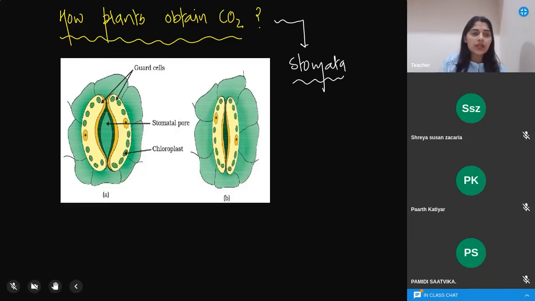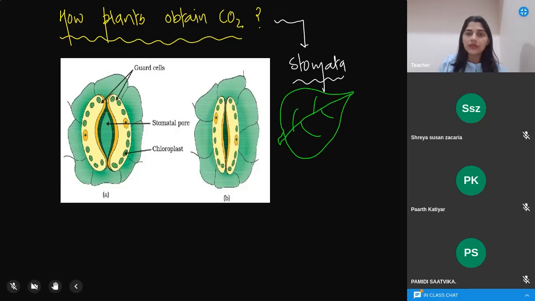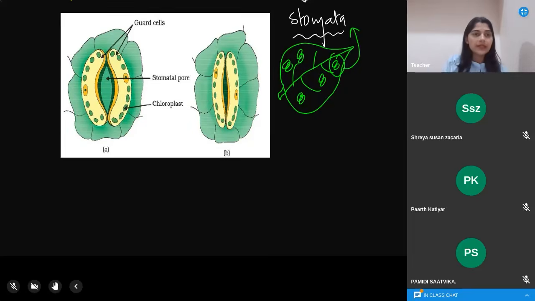When you look at the structure of the leaf, on the upper as well as the lower surface of the leaf, there are fine pores. I'm again repeating, on the surface there are these fine pores and they are called stomata.